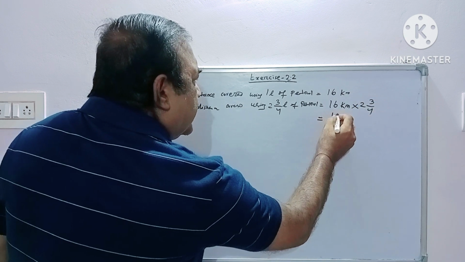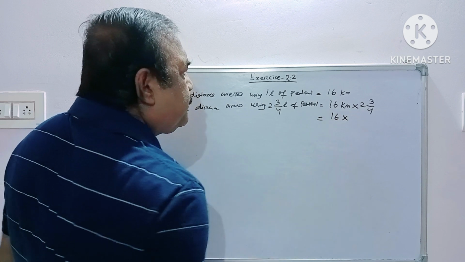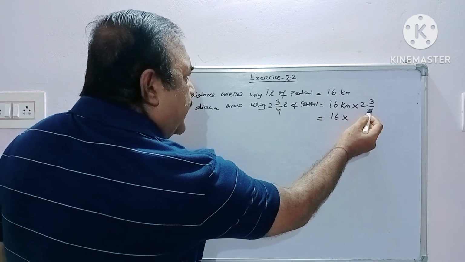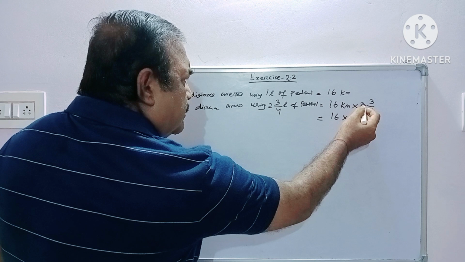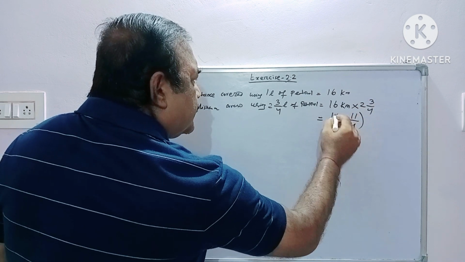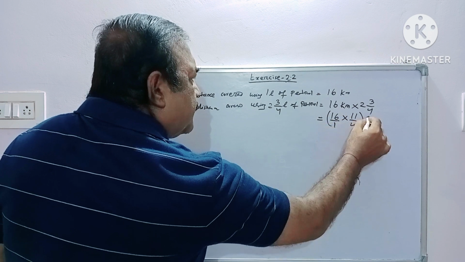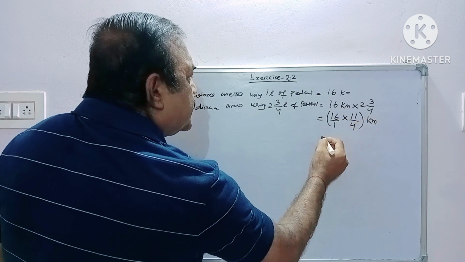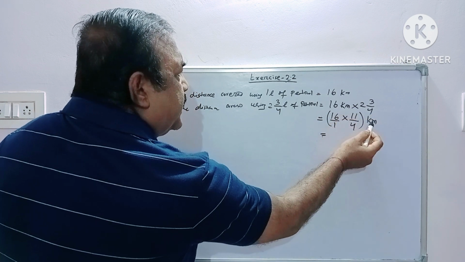That is equal to, we may write like this, 16 into 2 fours are 8, 8 plus 3, 11. 11 upon 4. 16 means 16 upon 1. For your betterment you may write, and we will have to mention the unit here.